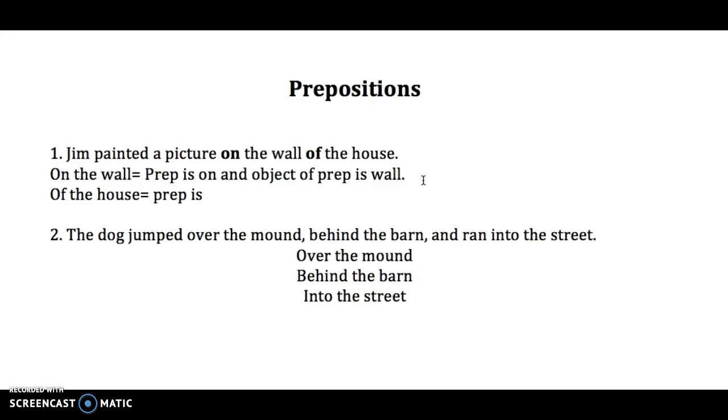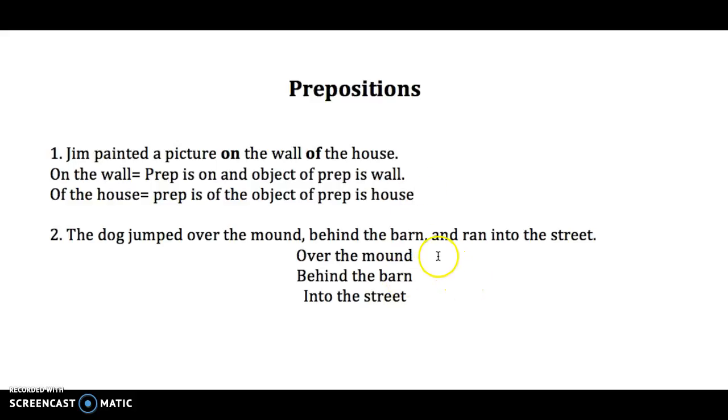And so if the preposition is of, then the object of the preposition is house. The house is of what? Of the house. So it's on the wall of what? We could be talking about on the wall of the supermarket. It's helping us to be more specific and show us exactly where it's located.